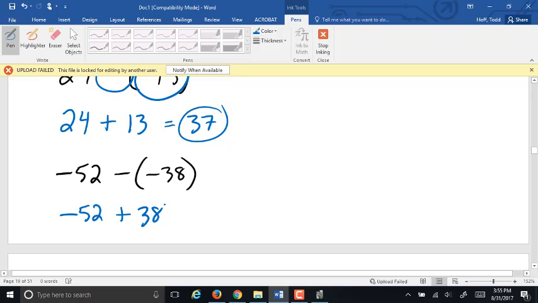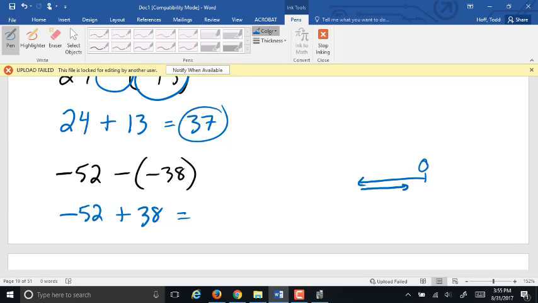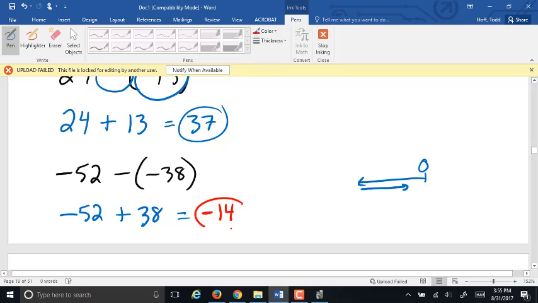So it is negative 52 plus 38. Here's 0, negative 52. Positive 38 is the opposite direction and slightly shorter. So what's my result? Negative 14. Any questions there?